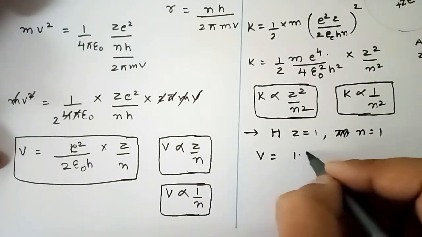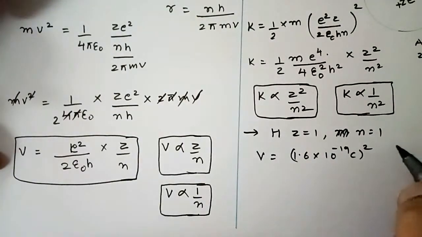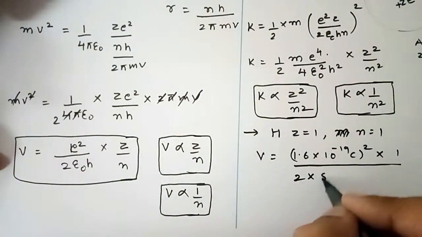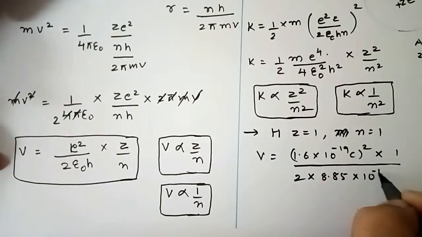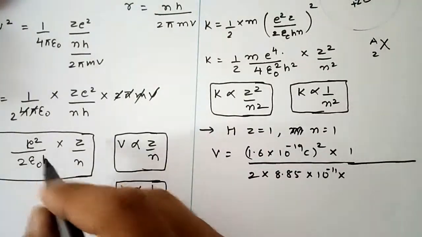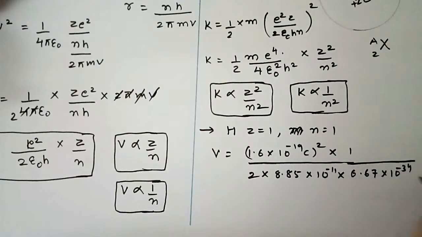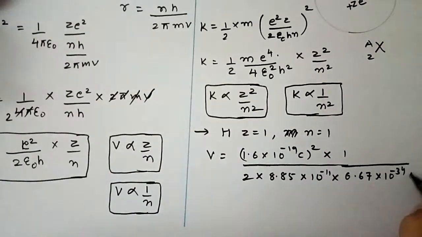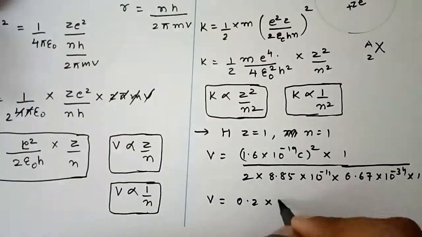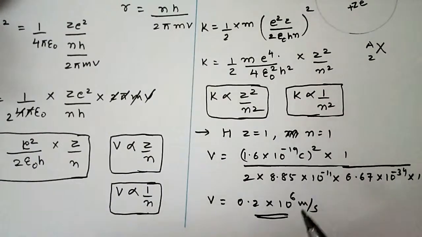So e is 1.6 into 10 raised to minus 19 coulombs, and the whole square, multiplied by Z is 1, upon 2 into 8.85 into 10 raised to minus 11 SI into h, Planck's constant, 6.67 into 10 raised to minus 34 joule second, or SI. Again n is 1. If you solve this, you will get approximately 0.2 into 10 raised to 6 meter per second. You can see that this is a huge velocity.